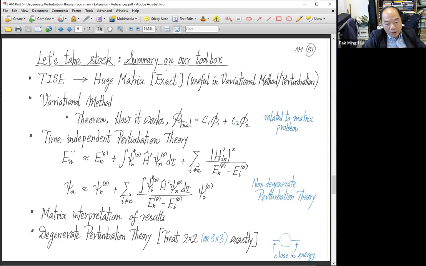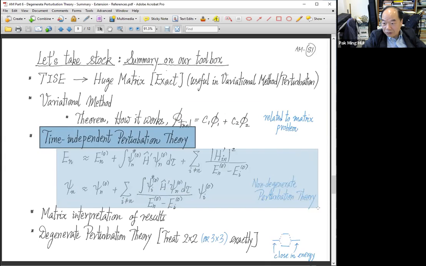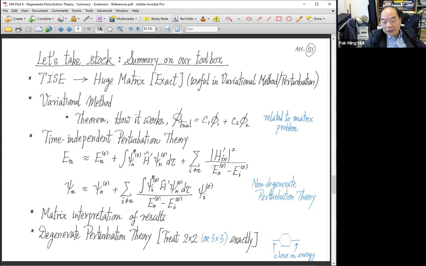We further develop time-independent perturbation theory. These are the non-degenerate results. We understand the validity by looking at the ratio here. This should be small for it to be valid. And then we understand the second order correction in energy in terms of approximating a big matrix into many 2x2 matrices and adding up the results.